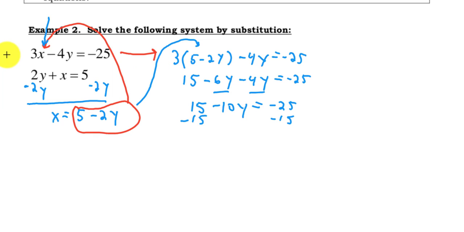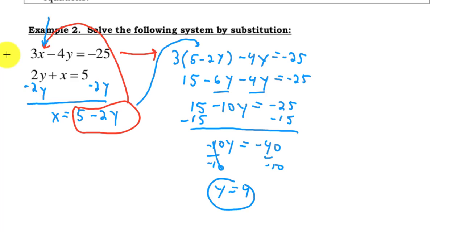All right, so I draw my line, and I'm left with negative 10y equals, it looks like negative 40. Divide by negative 10, and you're left with y equals 4, right? Because the zeros cancel, and negative 4 divided by negative 1 is 4.